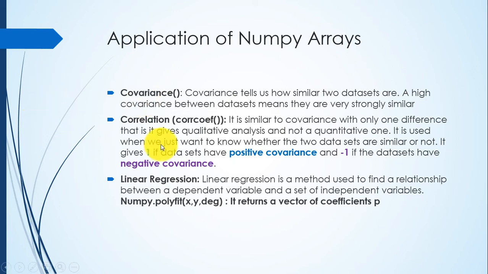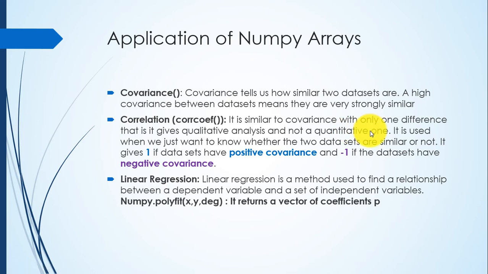Similarly, next is our correlation. It is done with the help of a function, corrcoef, or you can say the correlation coefficient. It is similar to covariance, but it is used only to check whether they are different or not.